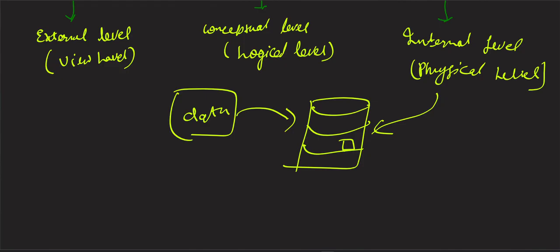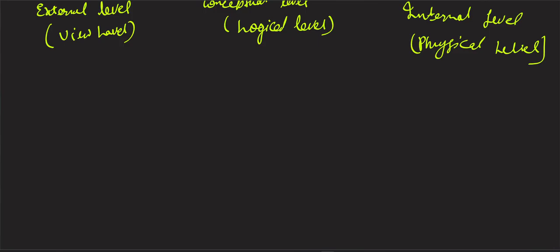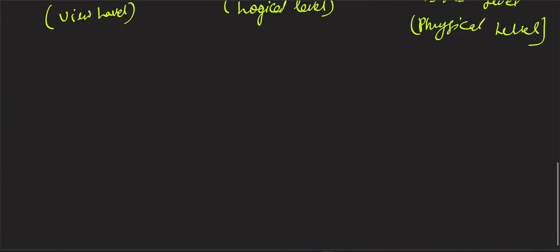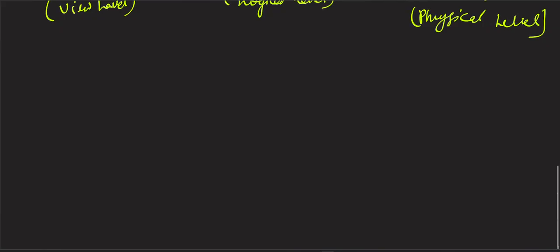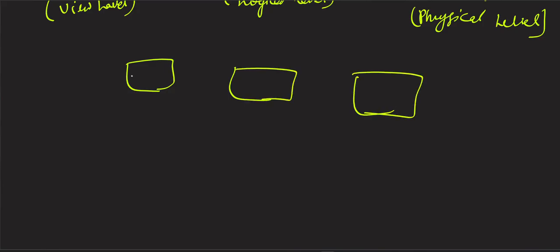Okay, so let's draw the diagram of the three-level architecture. These all are the views: view 1, view 2, view 3, and it can be the student marks, the admin fees, and faculty data.